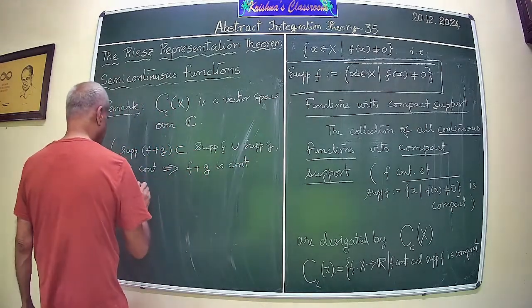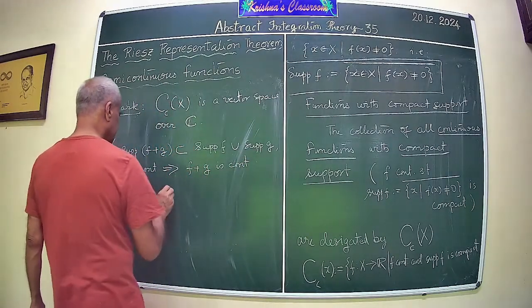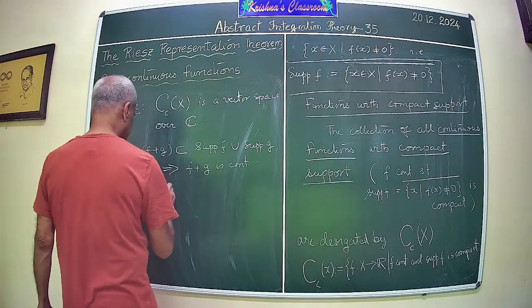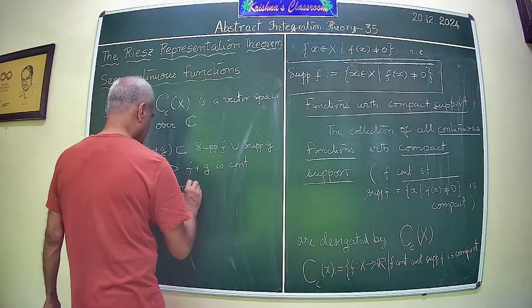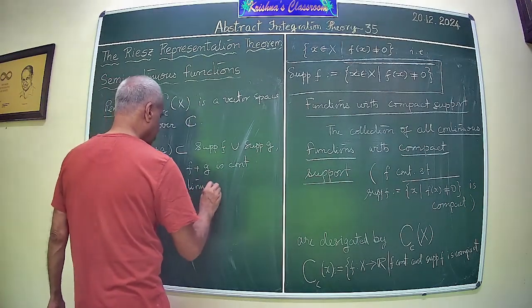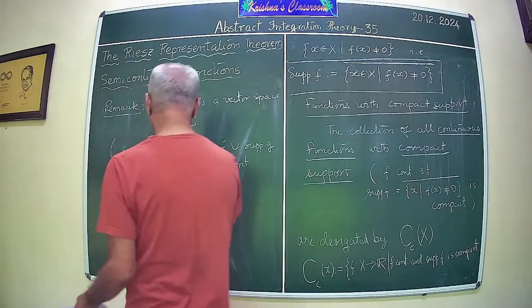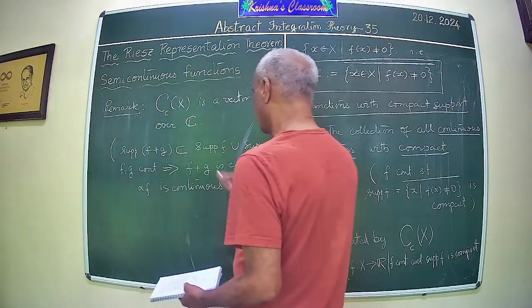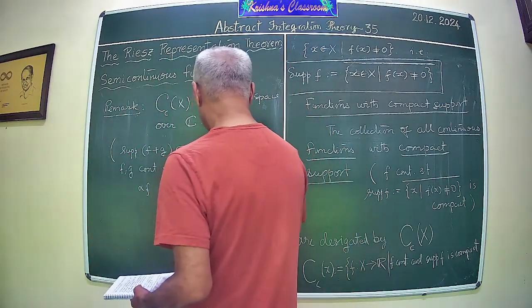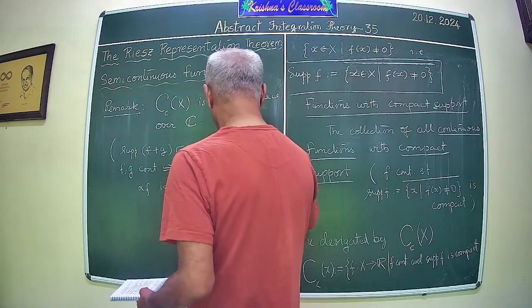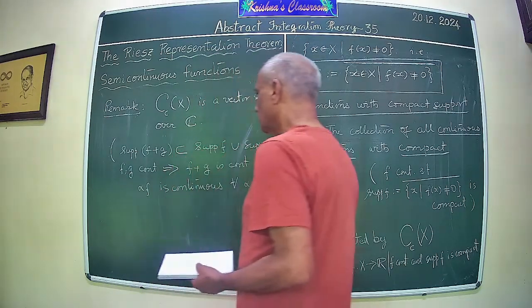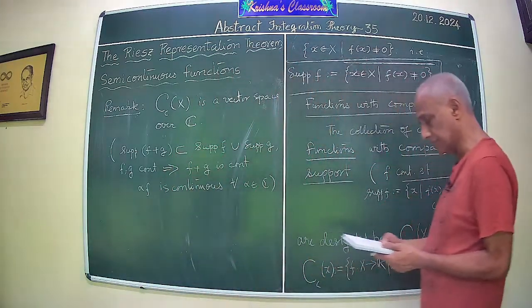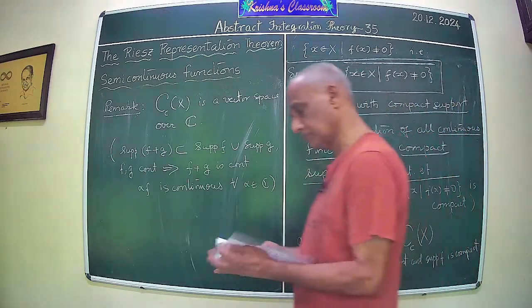Also alpha f is continuous, and needless to say alpha f has the same support as that of f. So these properties do ensure that this is a vector space.